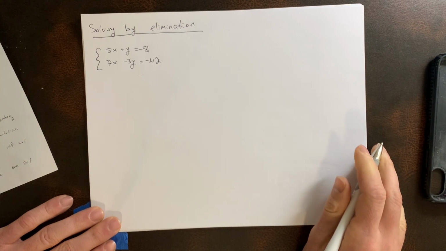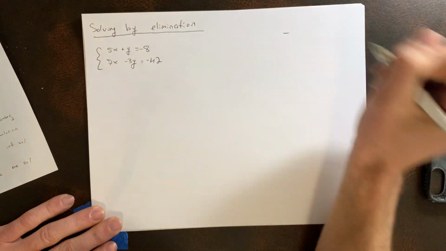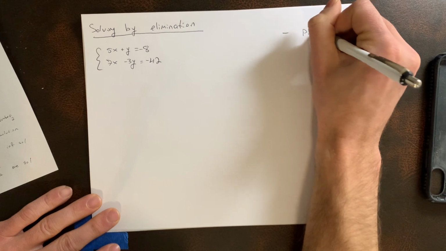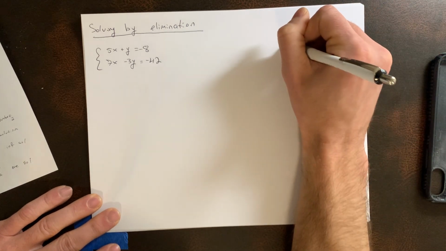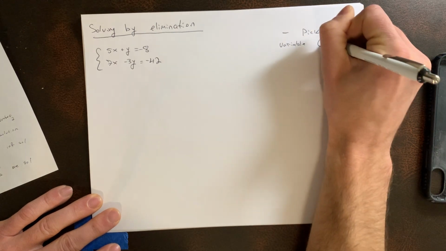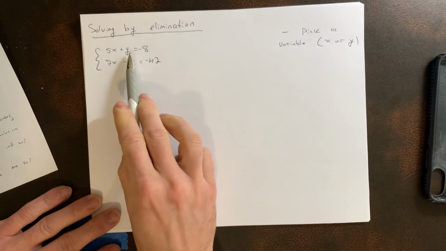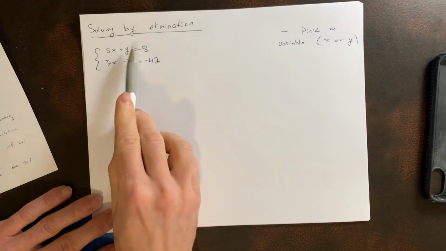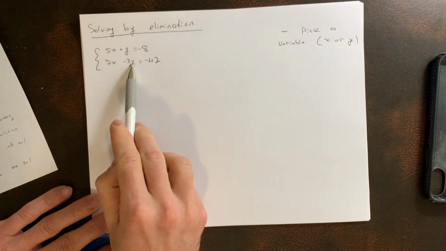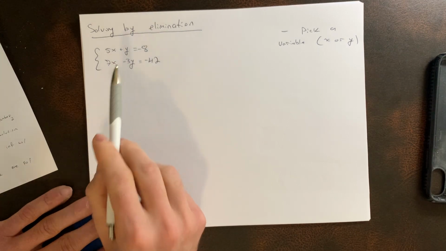So when we solve by elimination, there's a series of steps. The first step we want to do is just pick a variable. So pick either x or y. And the whole goal is, say if we want to pick the variable y in this equation, we want to have the number in front of this y and the number in front of this y either be the same thing, or one of them be the positive version and the other be the negative version.